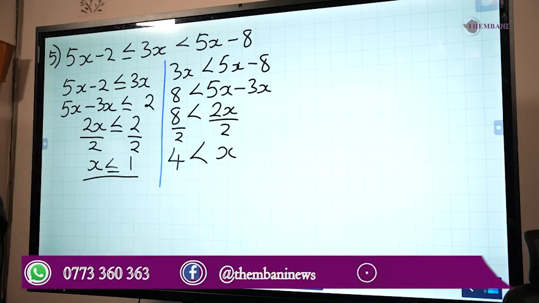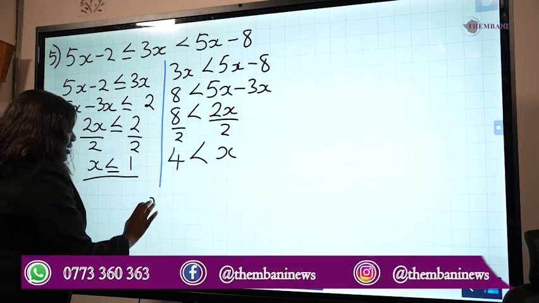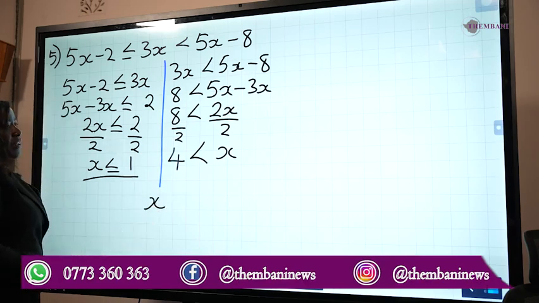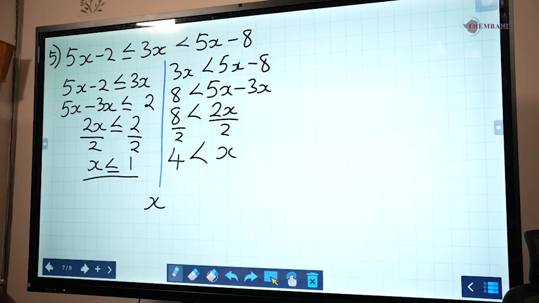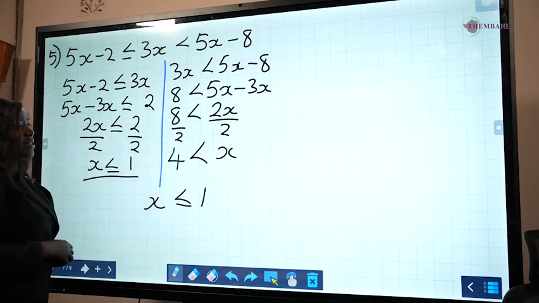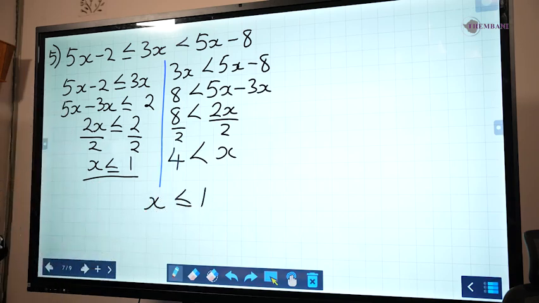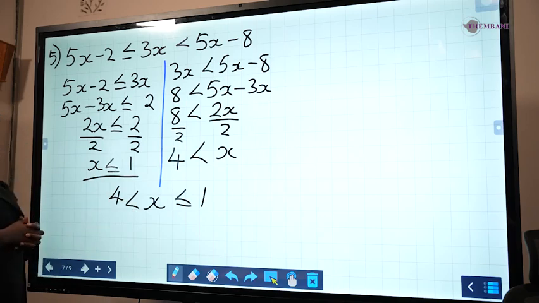So let's see if I'm able to combine the inequalities. If I were to write an x in the middle there, and I write this inequality, I have this. And if I write that inequality there, it will be like this. If you can notice, if we combine it, it doesn't make sense.